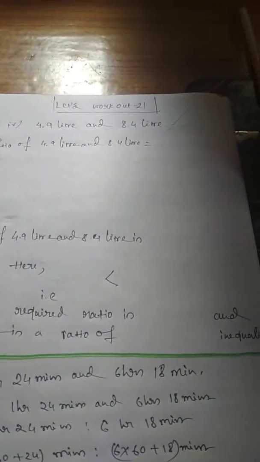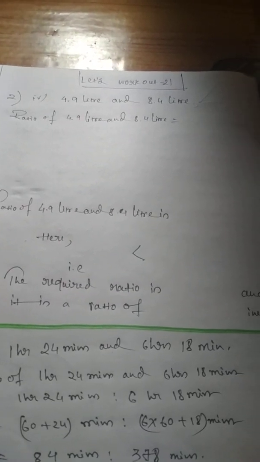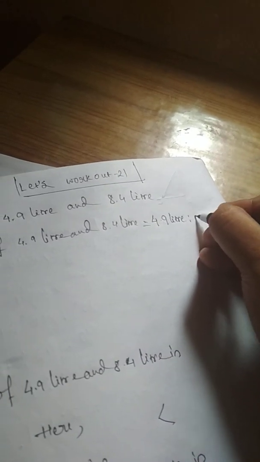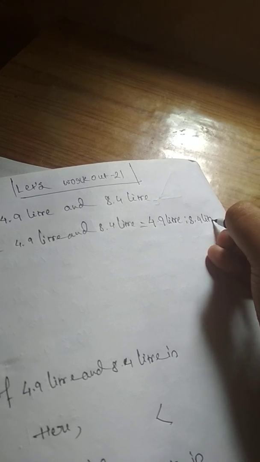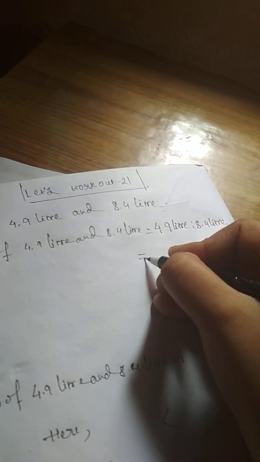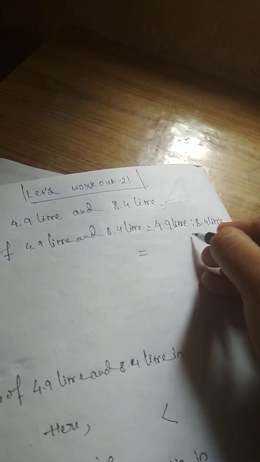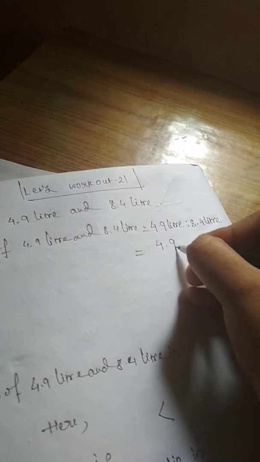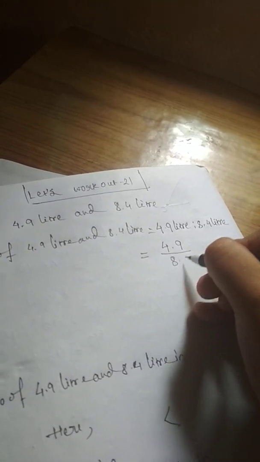So what is told? We have to find out the ratio of 4.9 liter and 8.4 liter. So I have written there, ratio of 4.9 liter and 8.4 liter equals, now we write it in ratio form, 4.9 liter ratio 8.4 liter equals, same units, so they will cut, but no need of cutting, just write it in fraction form, 4.9 by 8.4.